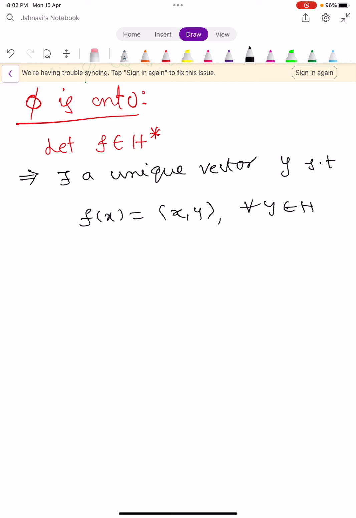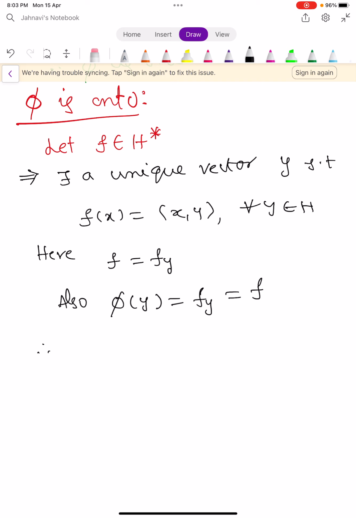Here, by our definition, f is equal to fy. Also we have pi of y is equal to fy, which is equal to f.